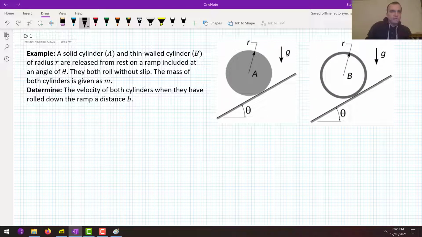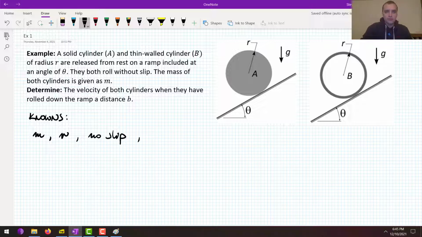Okay, so what do we know? These are our knowns. We know their masses, we know their geometries, we know that there is no slip, we know that they start from rest, and we know the incline. I think we also know their moments of inertia.